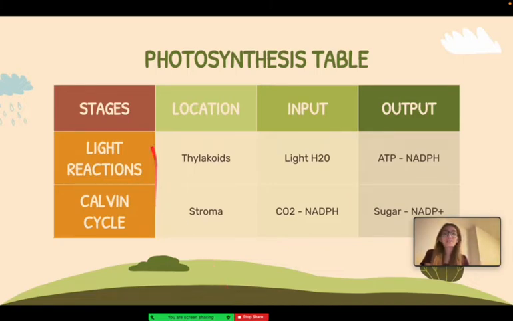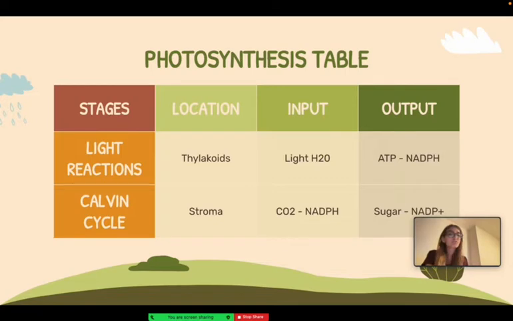So, we have two different reactions: light reactions, or light-dependent reactions, and the Calvin cycle. So the light reactions take place in the thylakoids. Thylakoids are these disc-like structures where the light reactions take place.